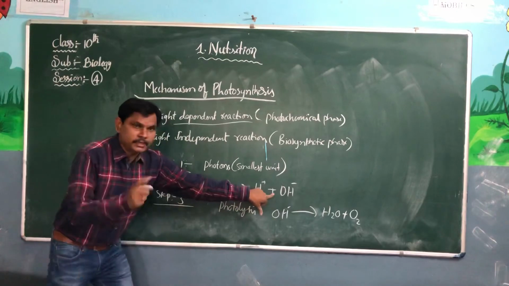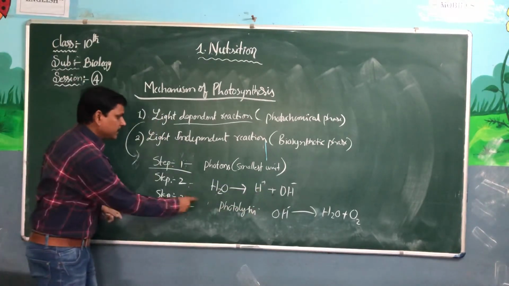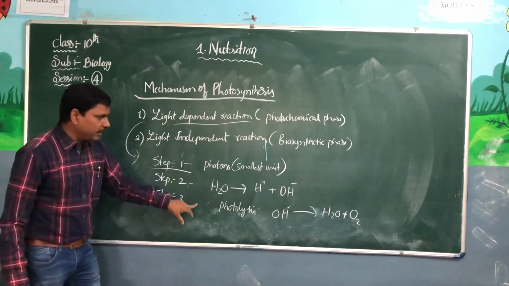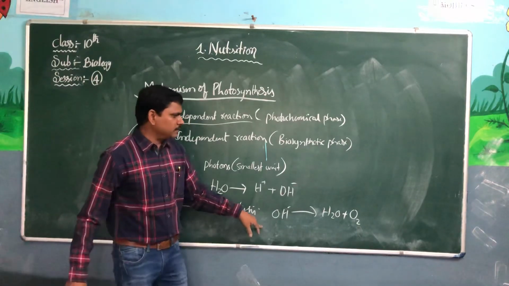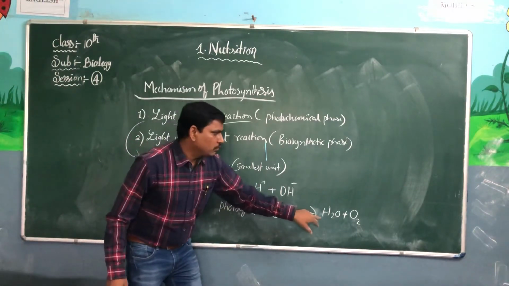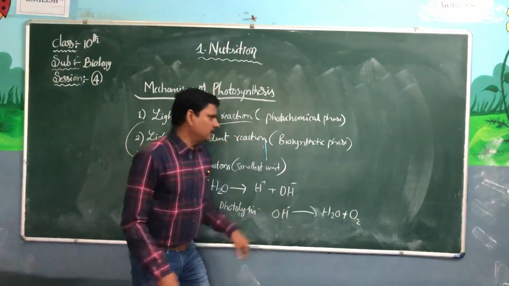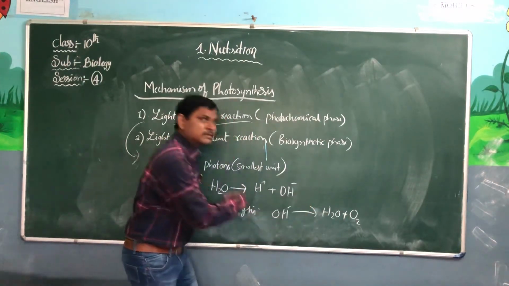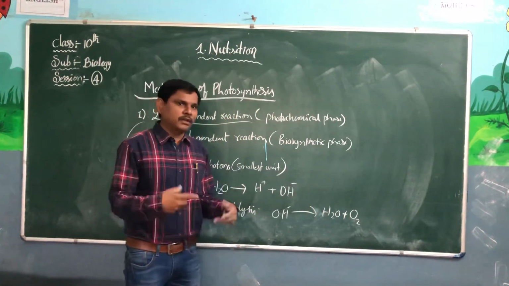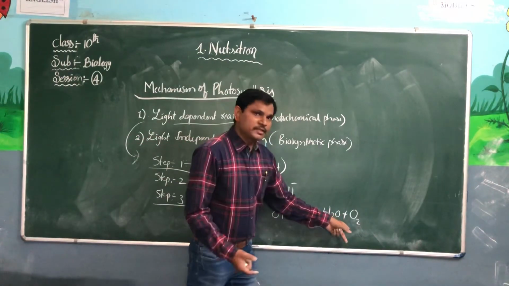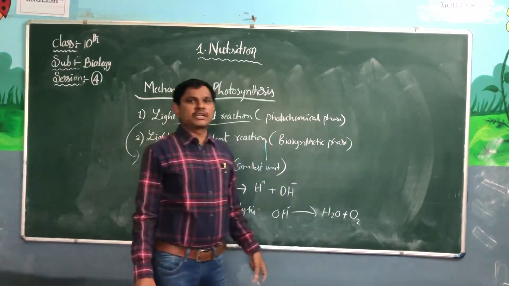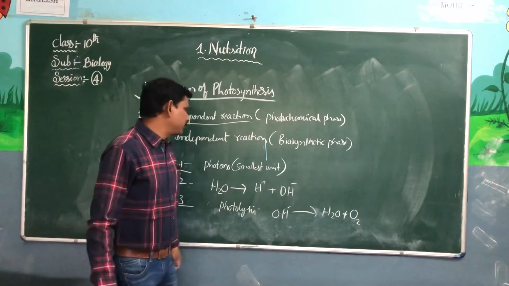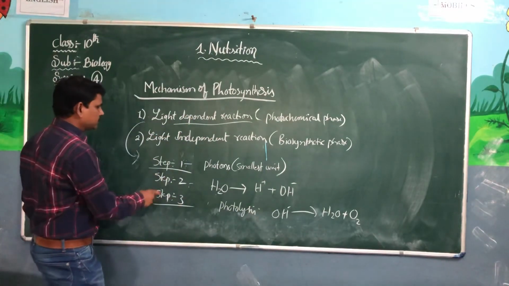This water is utilized by the plant itself for its growth, and this oxygen goes into the atmosphere. This is step 1, step 2, step 3.